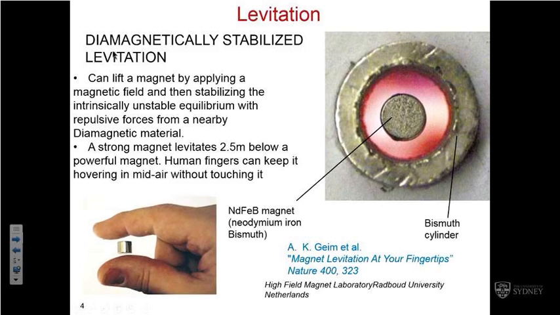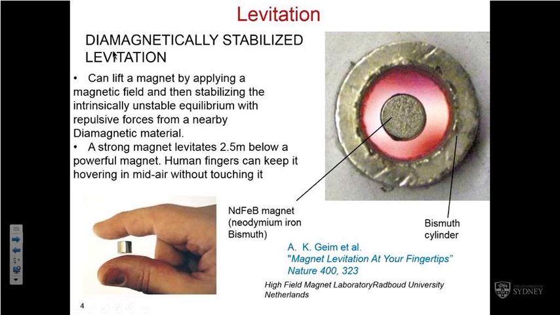When you have that situation, if you try to pick something up with a magnet, the bit of metal will either jump up to the magnet or stay down. It doesn't like to hang halfway. That's a special effect. But if you have a diamagnetic material around this magnet when it's being suspended, then it's possible to stabilize it.